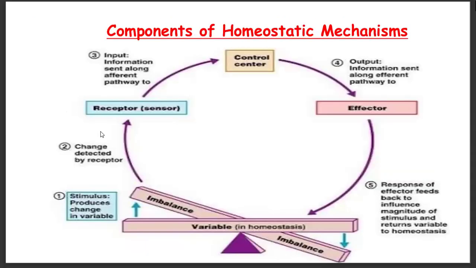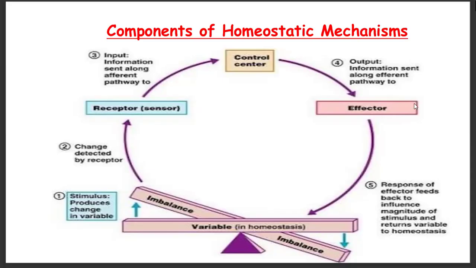Okay, so this is a diagram that is simplifying everything that I've talked about. We have the receptor here, which is going to input information, and this is going to be sent to the control center. The control center is going to compare that information to the set point or the acceptable range. Then it is going to send a command to the effector organ.